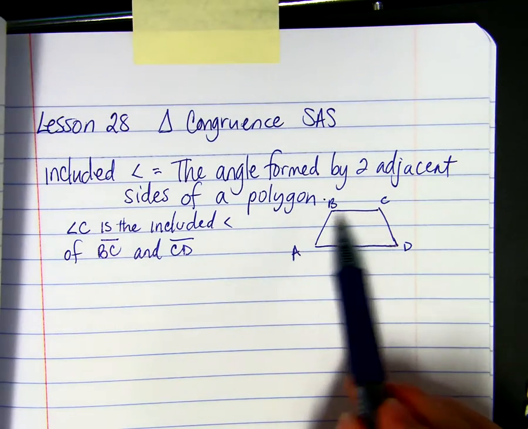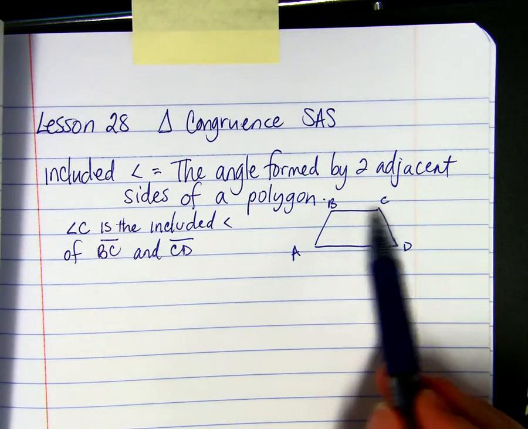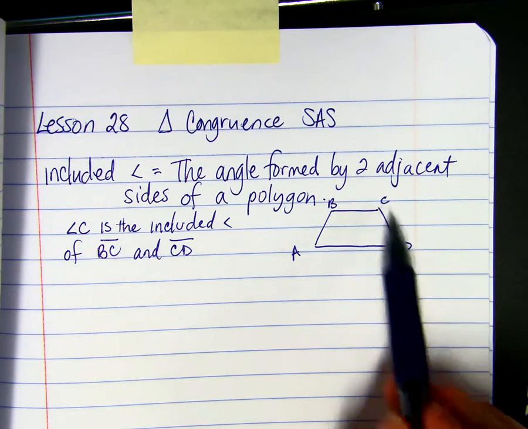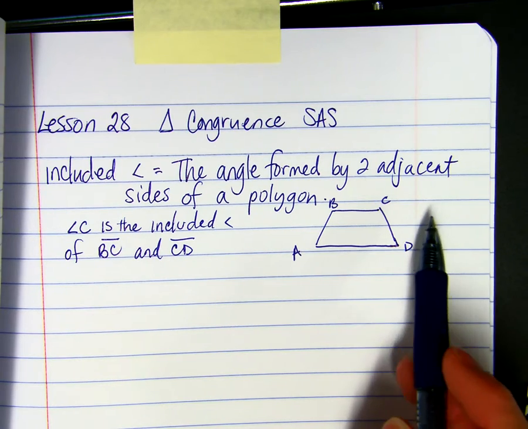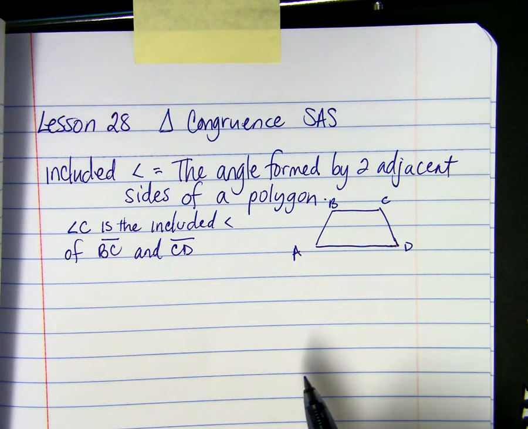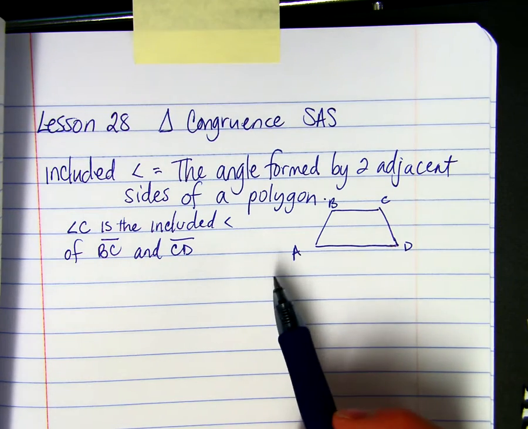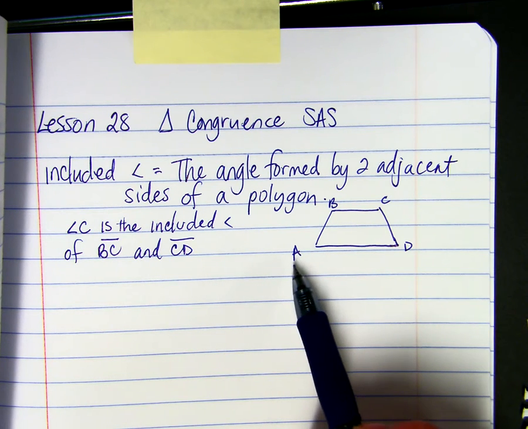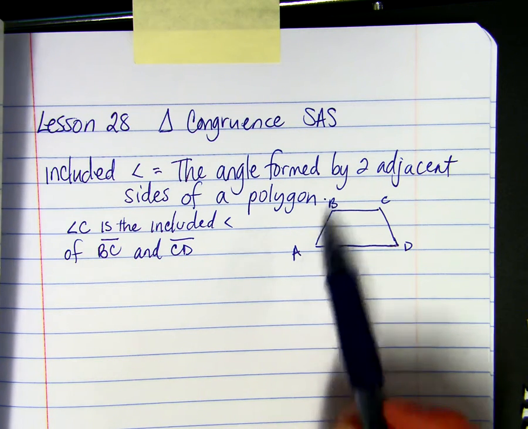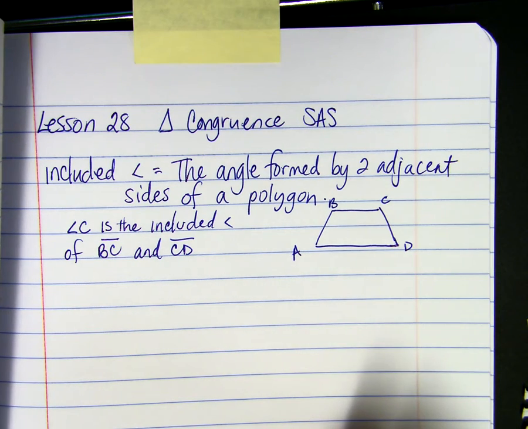So if you take those two sides of the polygon, BC and CD, together, they make the included angle, angle C. So I'm just going to ask the question, what two sides would angle A be the included angle of? BA and AD. You got it.